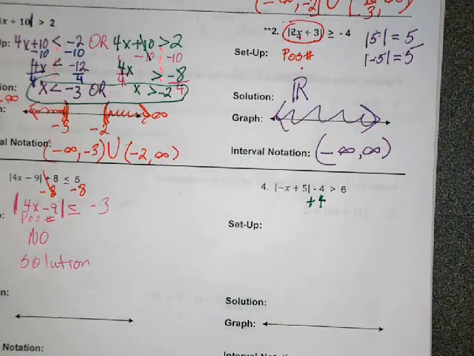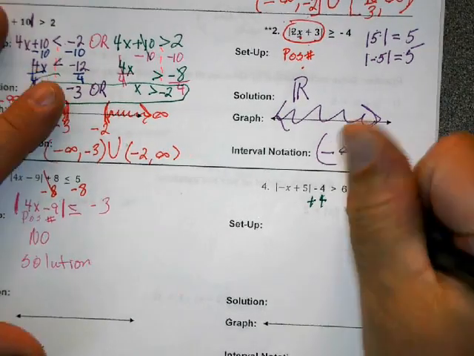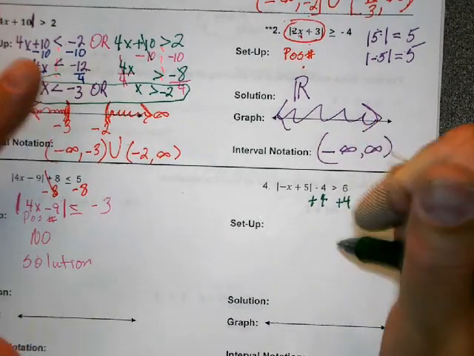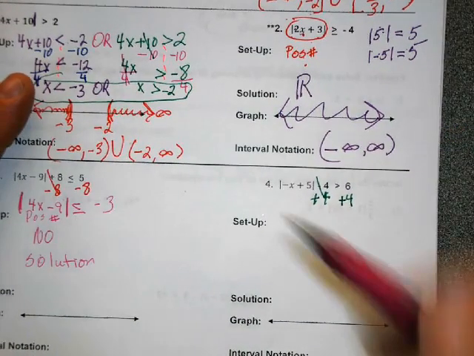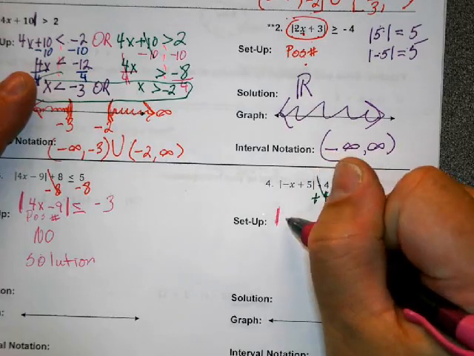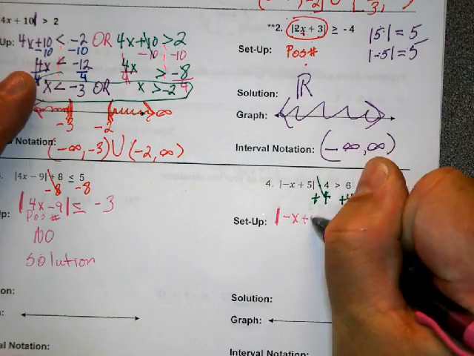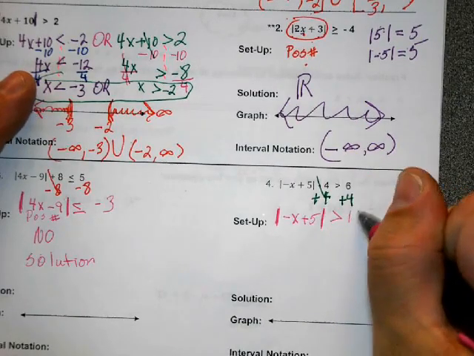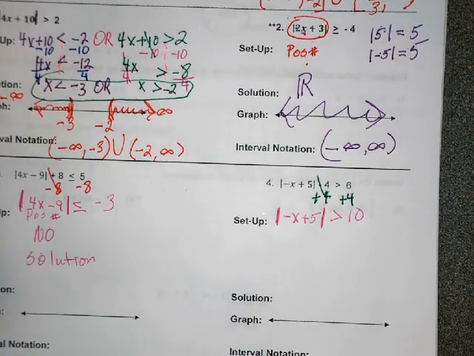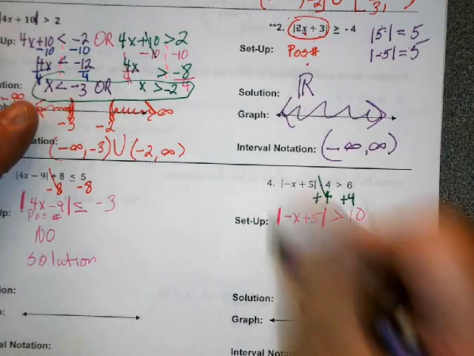Okay, so I got to add 4 to both sides. I get the absolute value of negative x plus 5 is greater than 10. This one seems normal. So the negative has to be after the greater than?